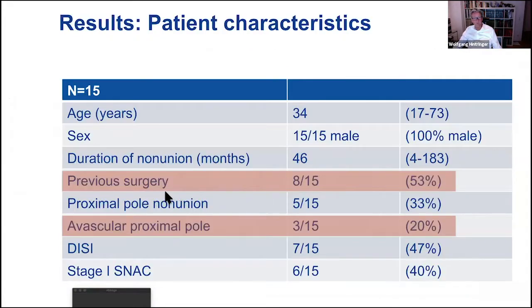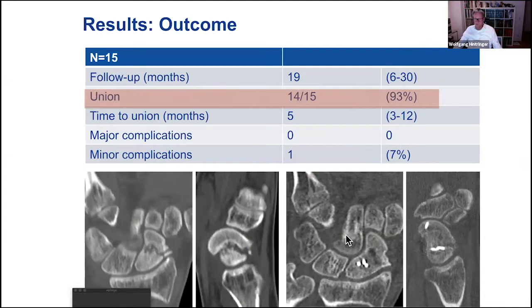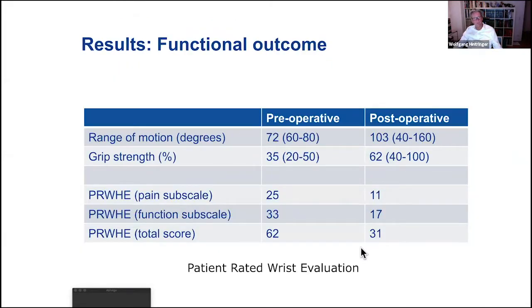Is it the future? And you see here he had 15 patients, with 8 of 15 with previous surgery, and 3 of 15 had an avascular proximal pole, a clear indication for a vascularized bone graft, or not. He did only what we do too: a plating with a structural bone graft.